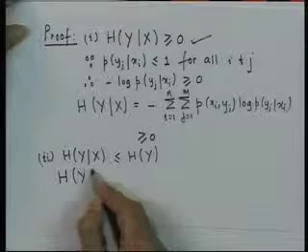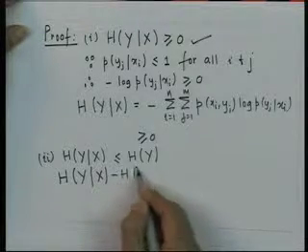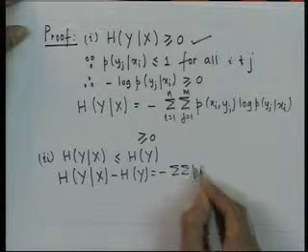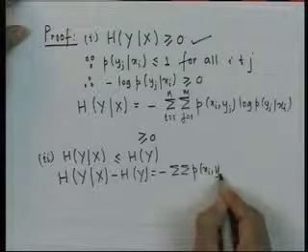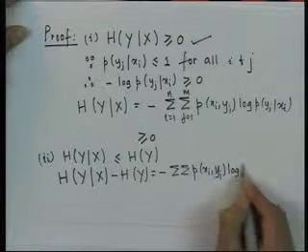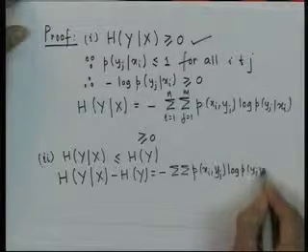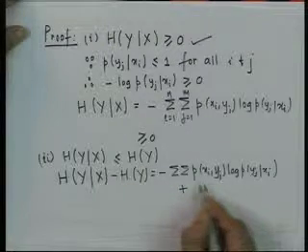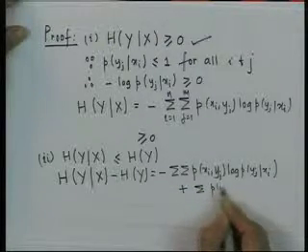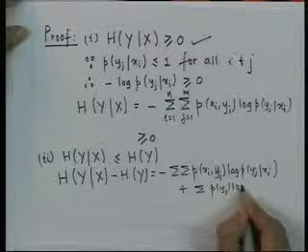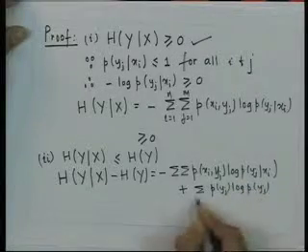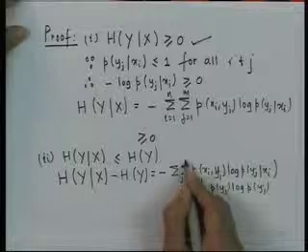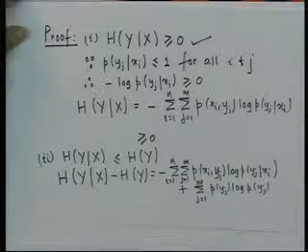We write the equation h of y given x minus h of y is equal to minus summation over probability of xi yj log of probability of yj given xi, minus h of y, which is probability of yj log probability of yj, with i equal to 1 to n and j equal to 1 to m.